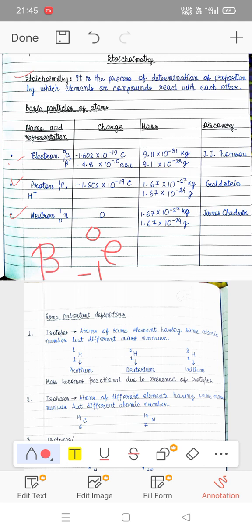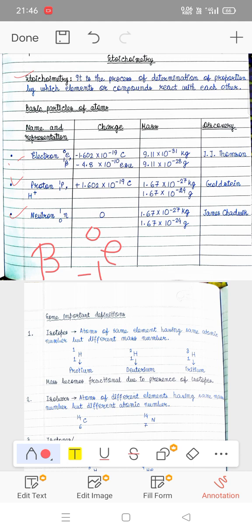Now what is the charge of electron? Minus 1.602 into 10 to the power minus 19 coulomb. We can also write as minus 4.8 into 10 to the power minus 10 ESU.